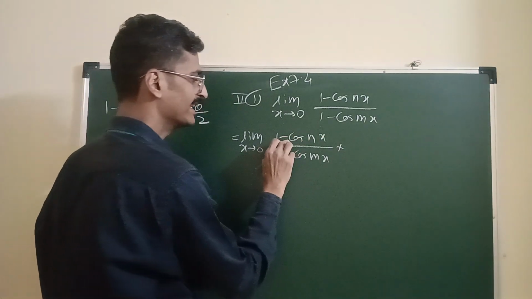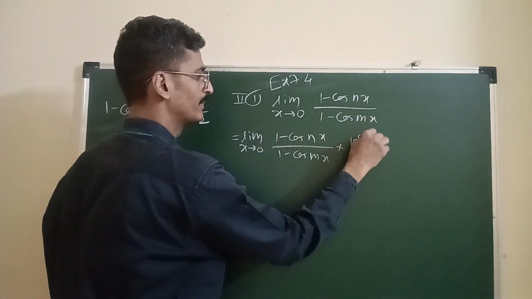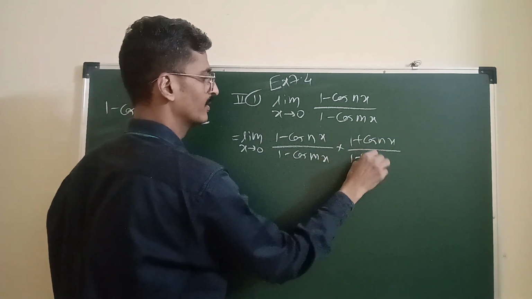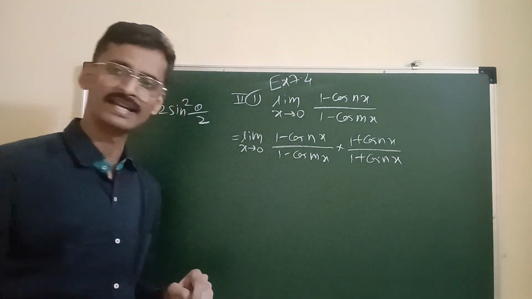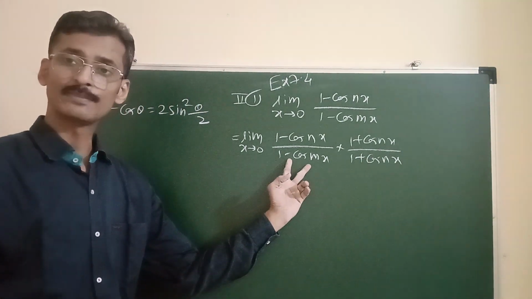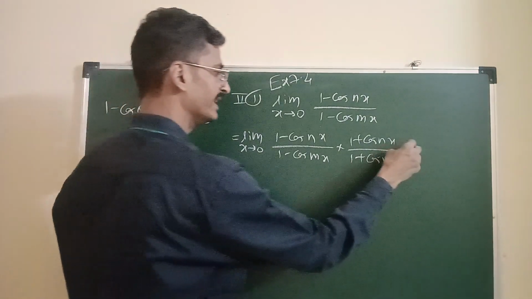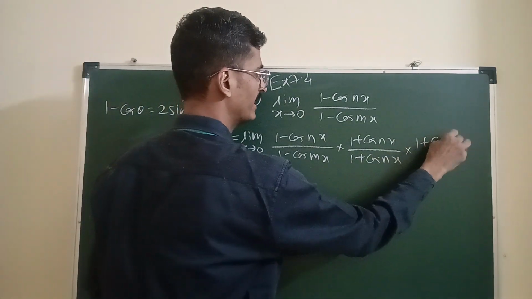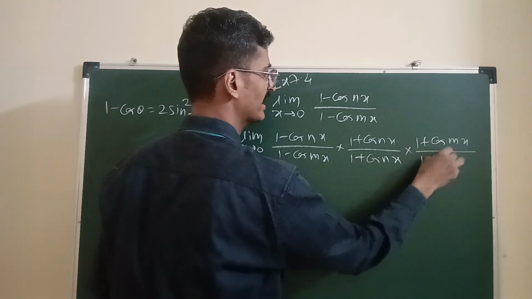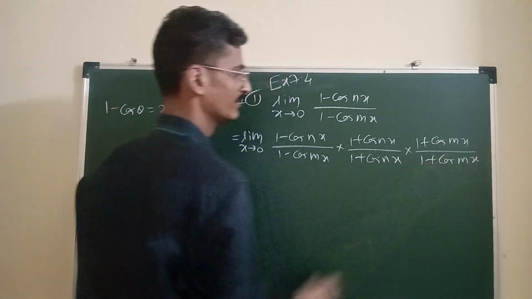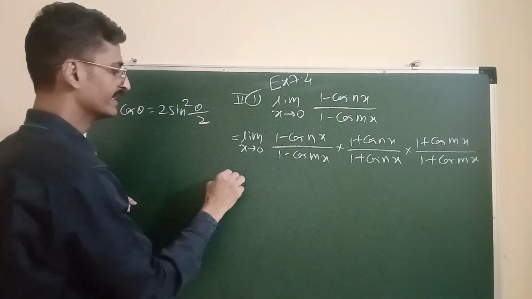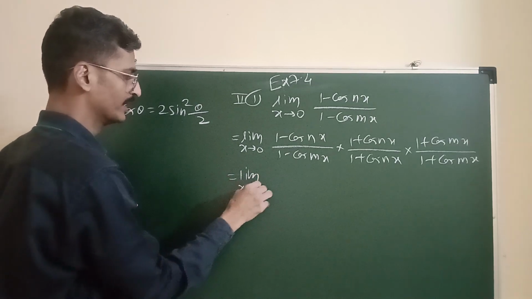Change the sign, write 1 plus cos nx, 1 plus cos nx, multiply and divide by that. Now for this part, change the sign, 1 plus cos mx, multiply and divide by that, 1 plus cos mx, 1 plus cos mx.